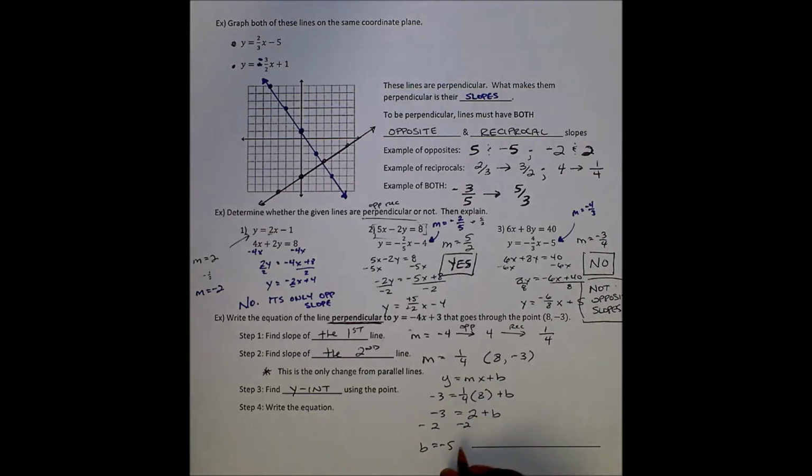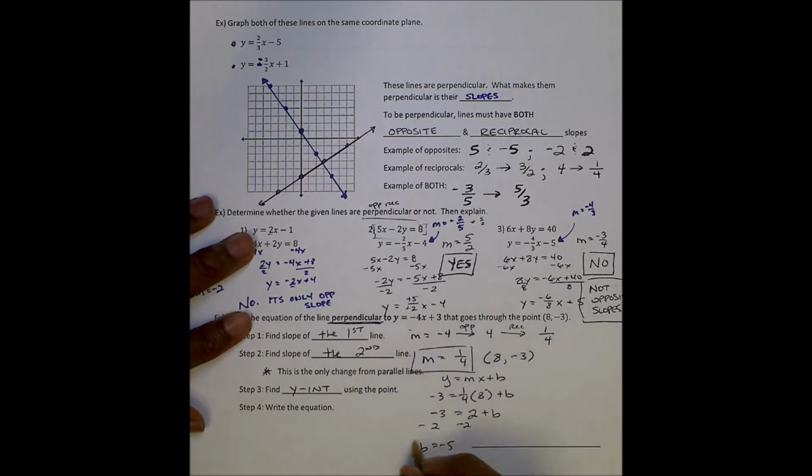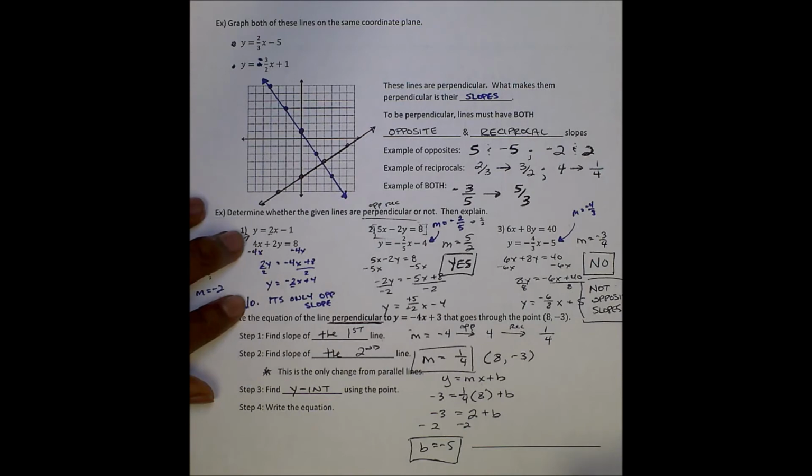So I know my slope, because I found that out because it's perpendicular to my original line, and I know my y-intercept, because I just found that out by solving the slope-intercept form. And now, y equals 1/4 x minus 5. Okay, and that's it.